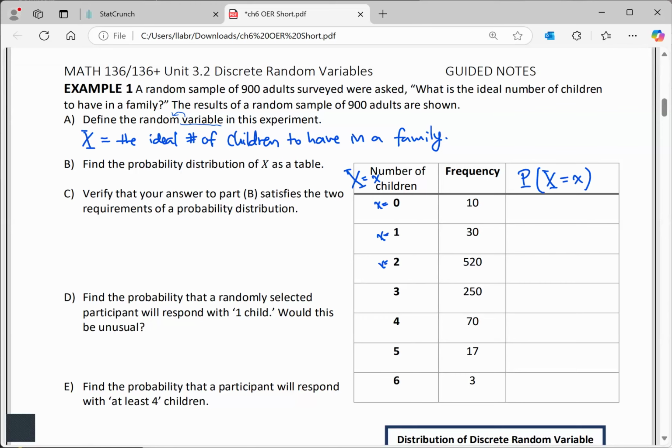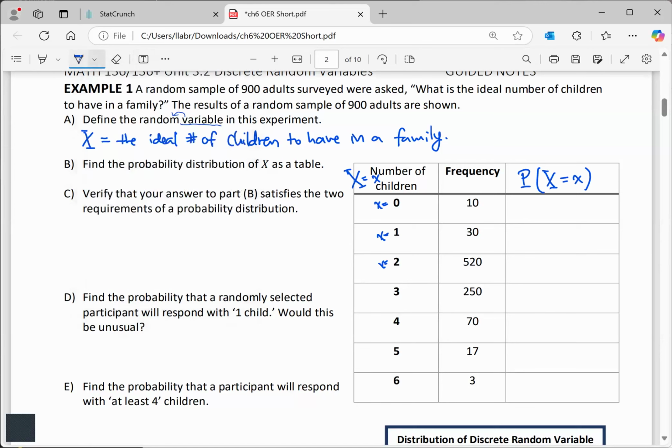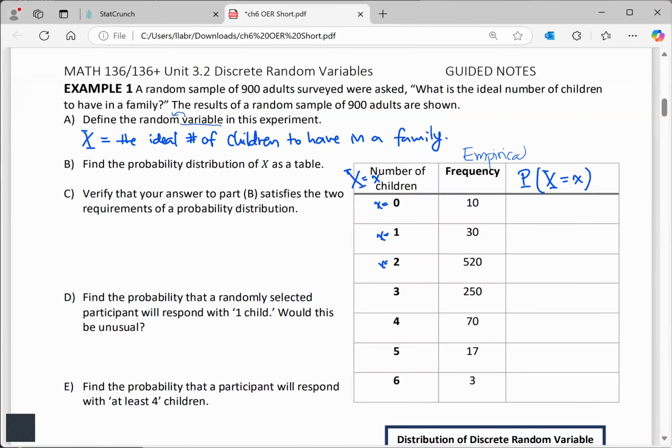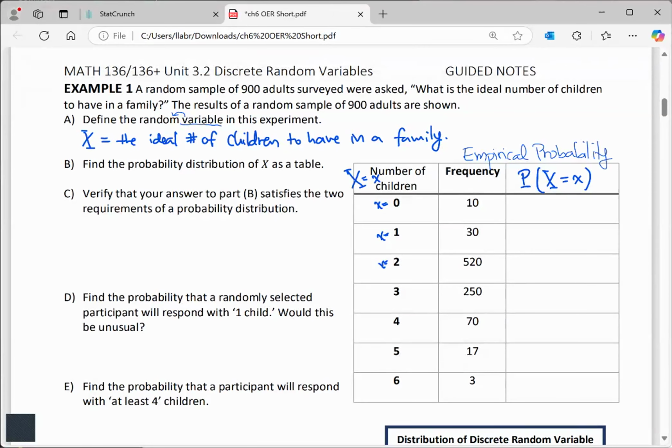Here it's a little simple because we saw this in chapter 5, in the probability section, that if you have a table like this, so this is the empirical probability approach, we have a random sample of 900.